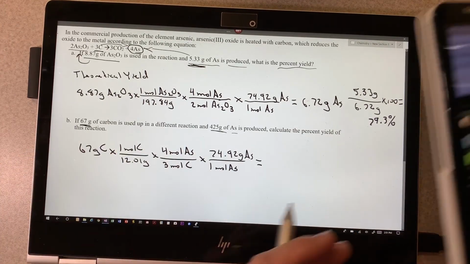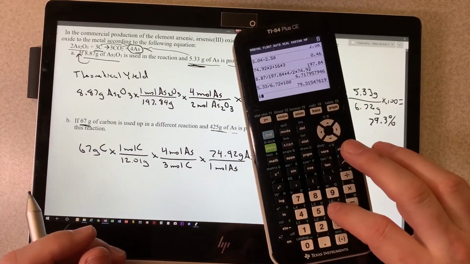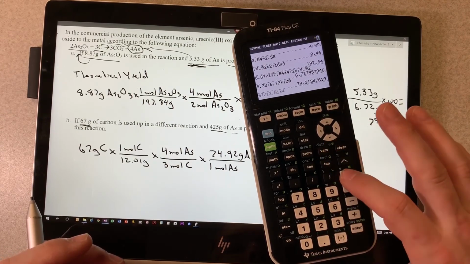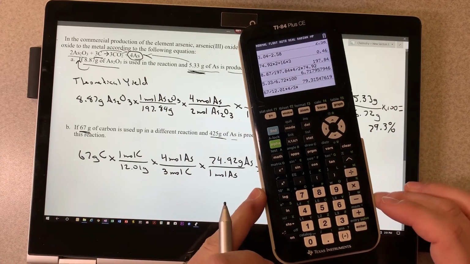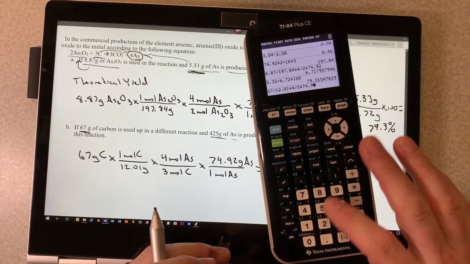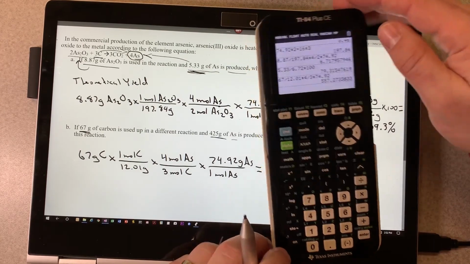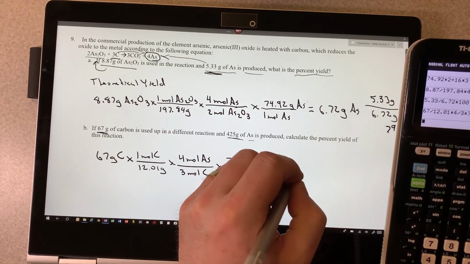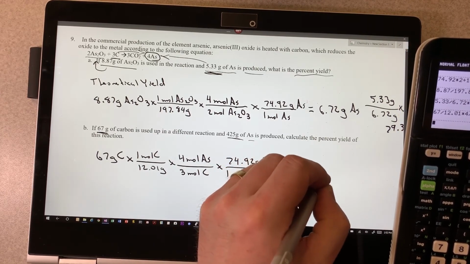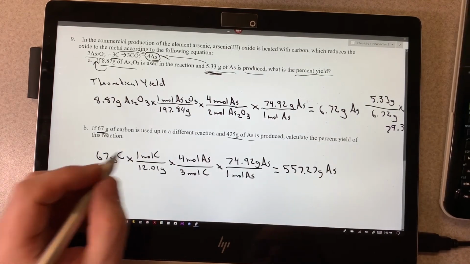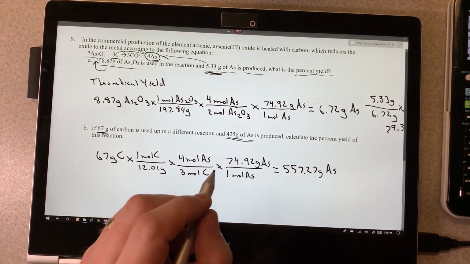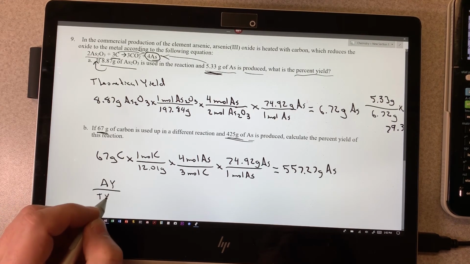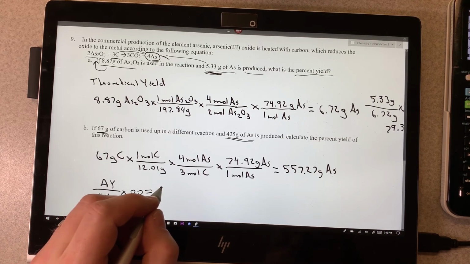So plug this in my calculator here. 67 divided by 12.01 times 4 divided by 3 times 74.92 equals 557.27. So theoretically, I could make 557.27 grams of arsenic. But I'm told that I actually get this much. So my actual yield over my theoretical yield times 100 equals my percent yield.